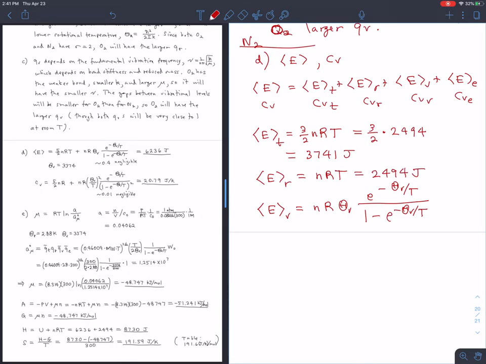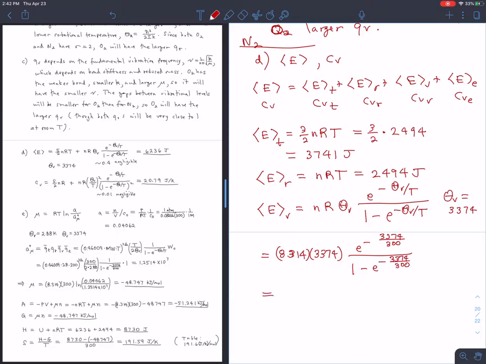We expect this to be small, but let's put the numbers in. The vibrational temperature for nitrogen is 3374. So this is going to be 1 times 8.314 times 3374 times e to the minus 3374 over 300 over 1 minus e to the minus 3374 over 300.